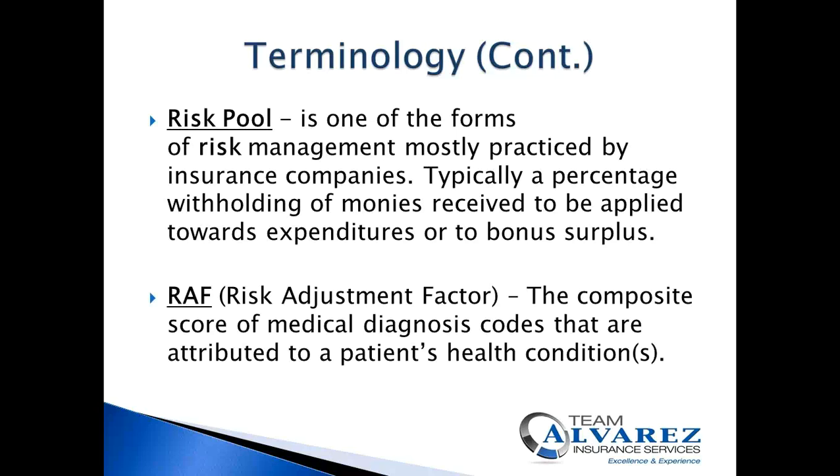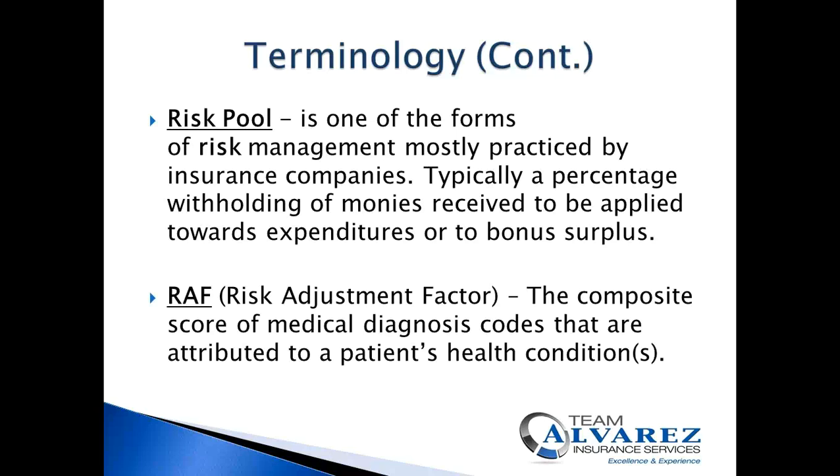Okay. The risk adjustment factor is the composite score of medical diagnosis codes that are attributed to a patient's health condition. Now, for those of you who sell property and casualty, or even previously when you were selling individual health, the risk adjustment factor operates similarly, where you have the built-in demographic score, but also depending on how sick, for lack of a better term, the patient is, that score is going to be higher or lower.